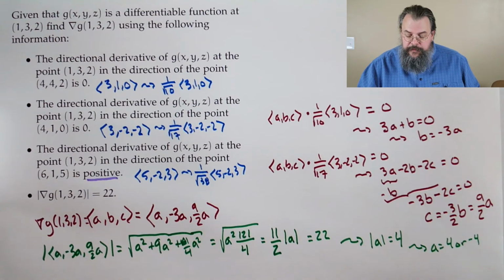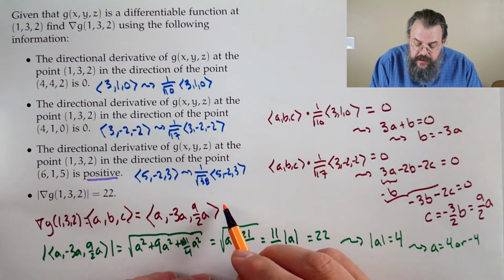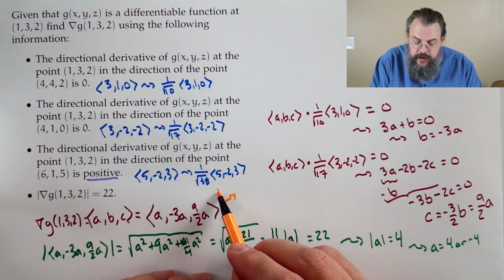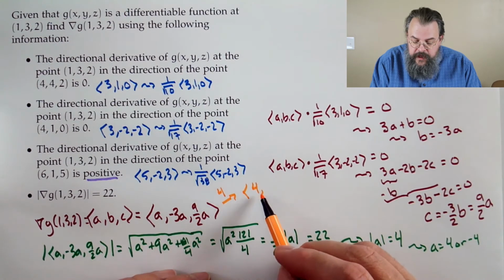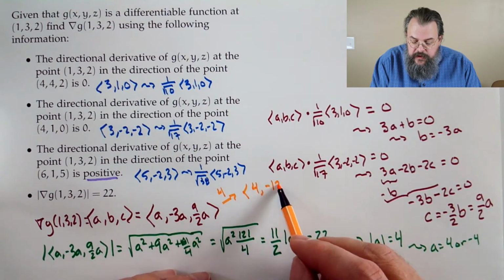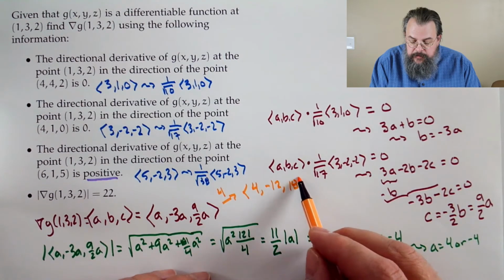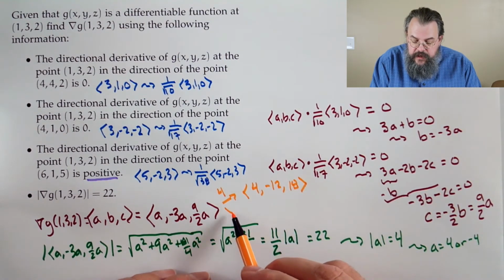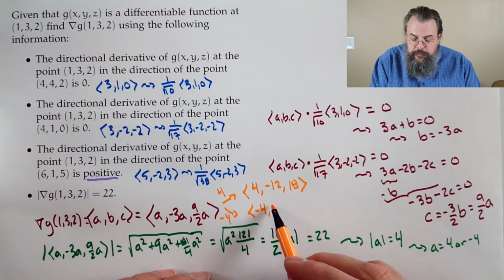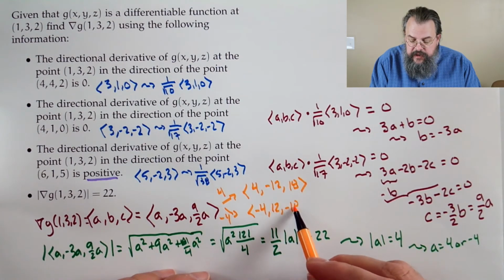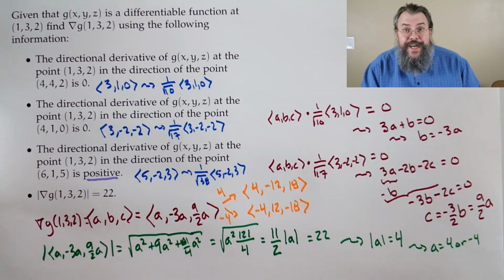If we come back to our gradient, if a equals 4, that would be 4, minus 12, and then 4 times 9 halves, 18. If it was negative 4, it would be negative 4, positive 12, negative 18. So we've got a 50-50 chance.